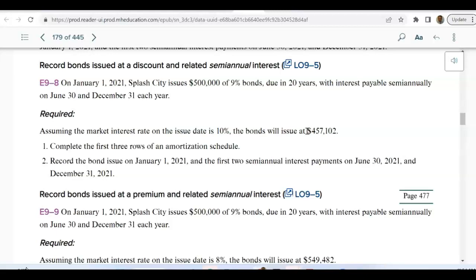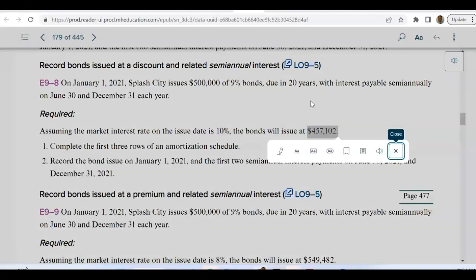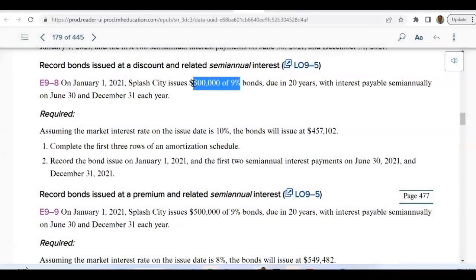How to calculate this 457? This 457 is a result of 2 things. One, the present value of a series of payments. What is the series of payments? The series of payments is 9% divided by 2, which is 4.5%, times 500,000 every 6 months. That's the series of payments, and you take the present value of that.